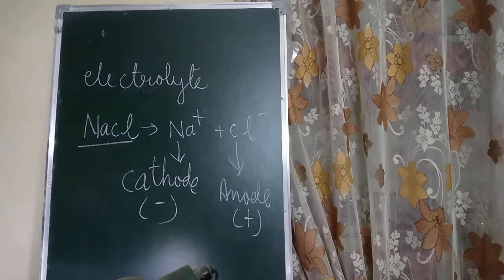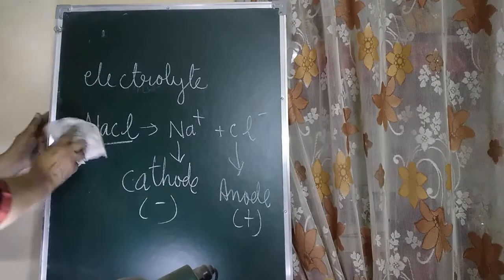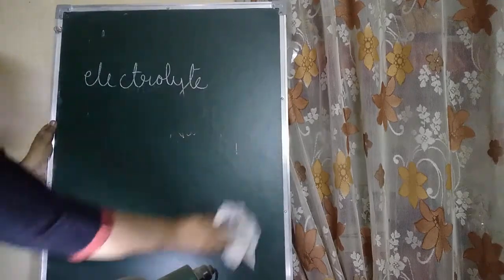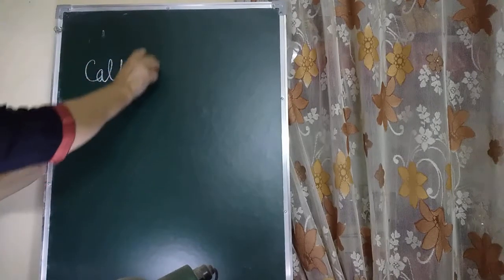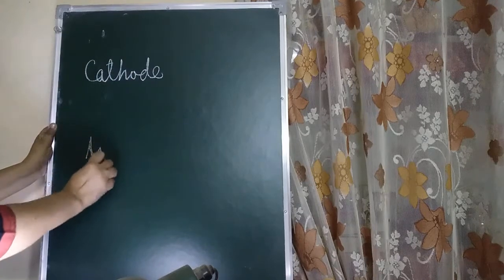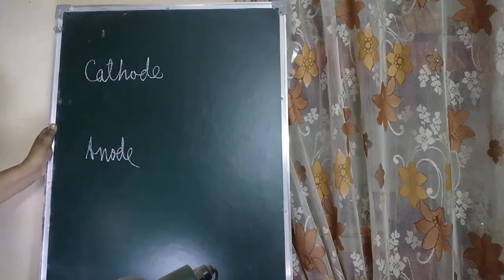Now, the next question is related to distinguishing between anode and cathode. The difference between the cathode and anode. So, these two are the electrodes, children.